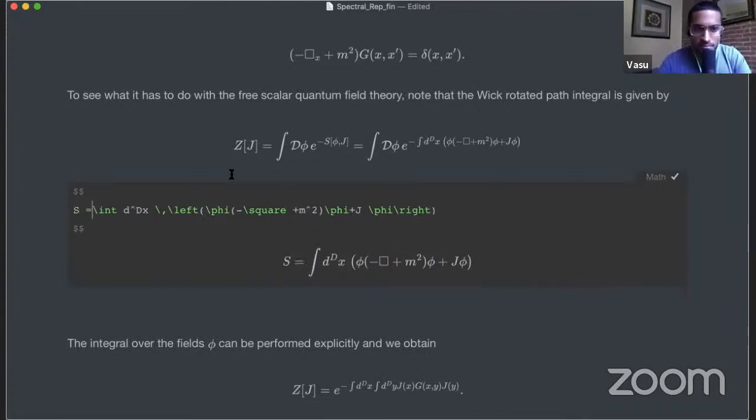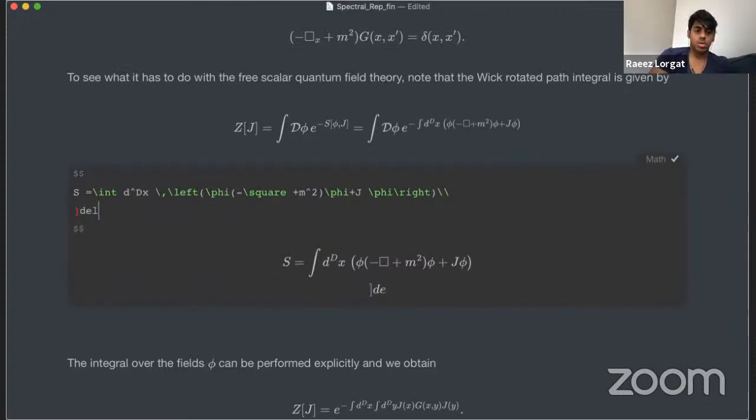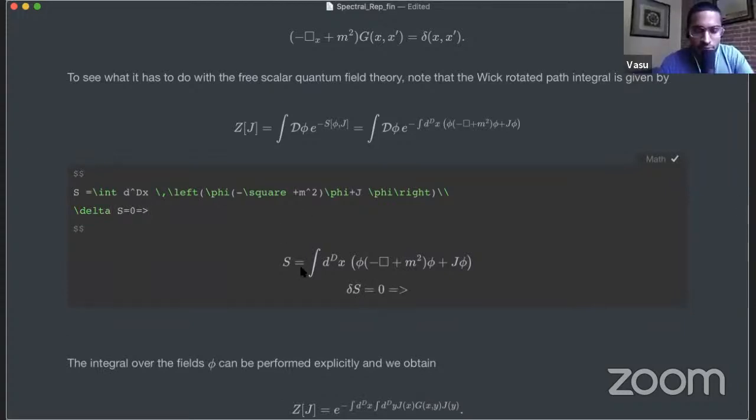Just to complete the story, if we perform arbitrary field variations of S, demand that those should be set to 0, we'll obtain the equations of motion. Right.